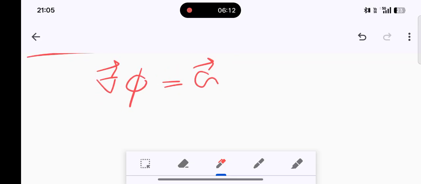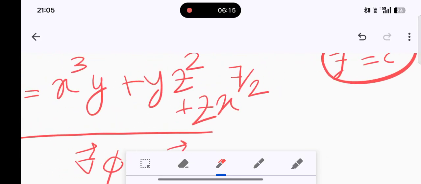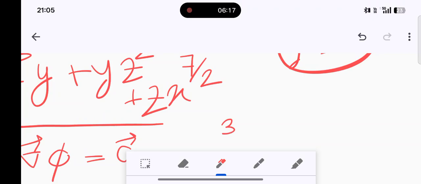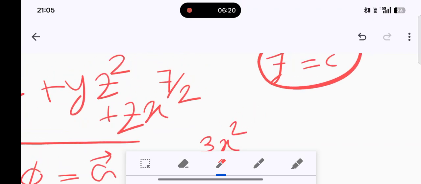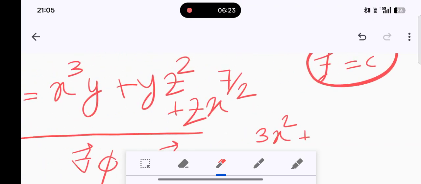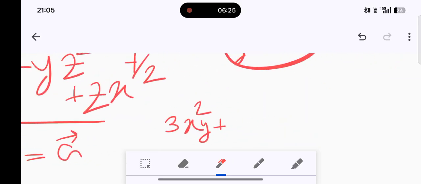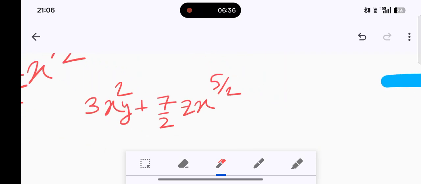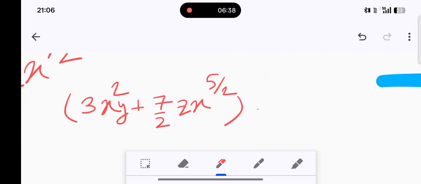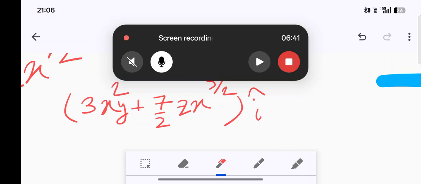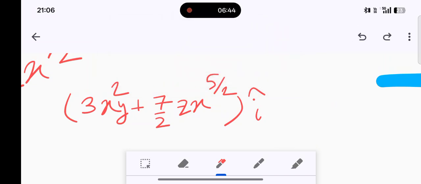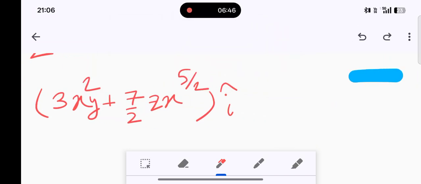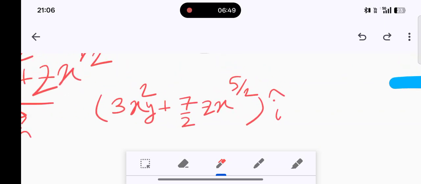If I am finding the gradient, then the derivative with respect to x is 3x square y, plus 0, plus z times x to the power 7 by 2 minus 1, which is 5 by 2, into i cap. I'm just doing simple differentiation.